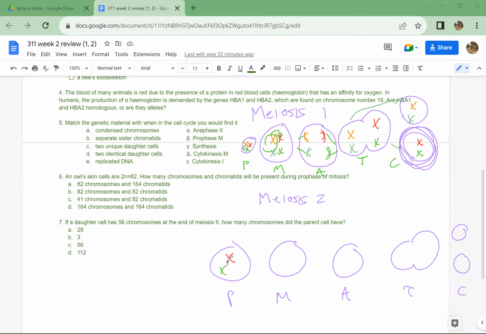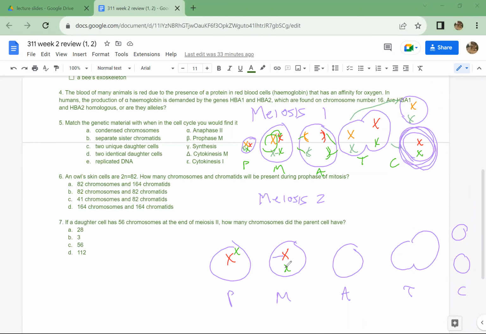So because we no longer have homologous pairs, the chromosomes can instead just line up single file during metaphase. Remember, meta in the middle, they line in the middle. They don't have a homologous pair to line up next to.